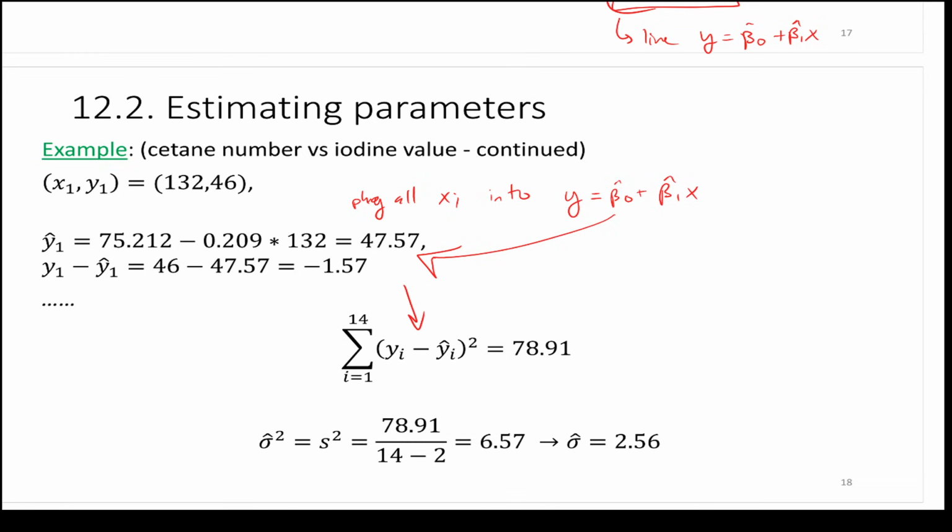Then we compute SSE, the residuals squared and added together. And then we divide this number by n minus 2. And we get the sample variance is 6.57. So the sample standard deviation is 2.56.